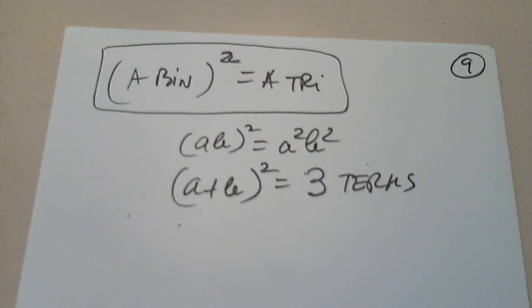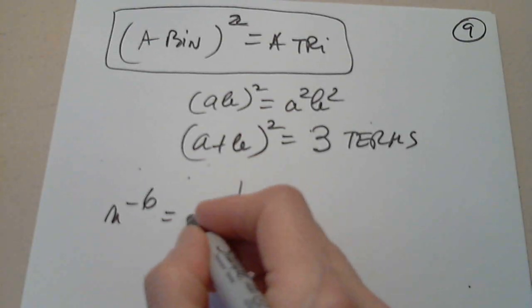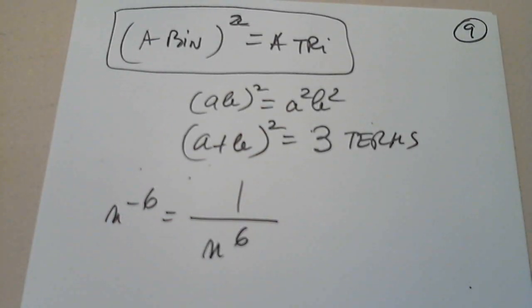Indeed. It represents a fraction. So this does not mean a negative number. I'm not saying you said that. So this is simply a fraction, 1 over n to the 6th power. It's a different way of presenting a fraction. Good. Moving on.